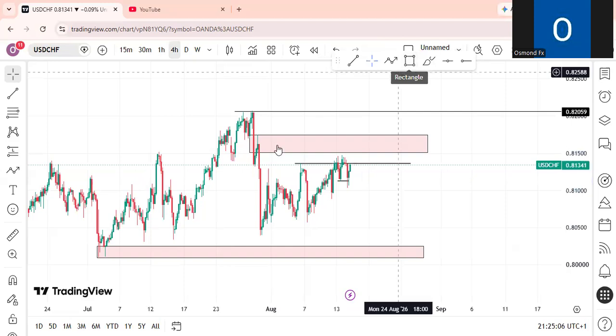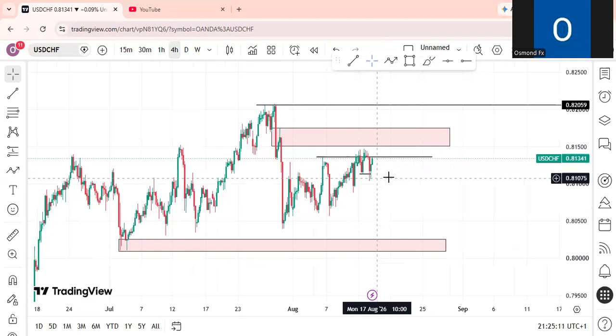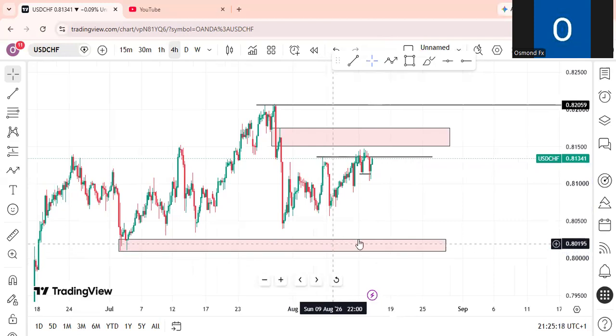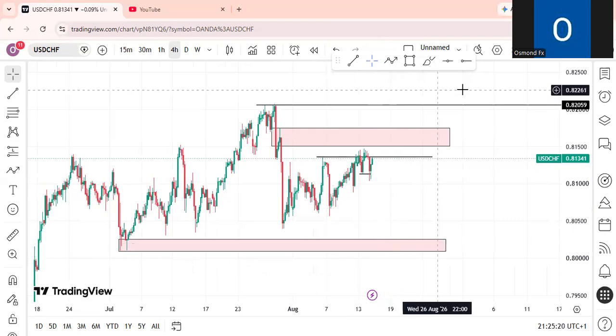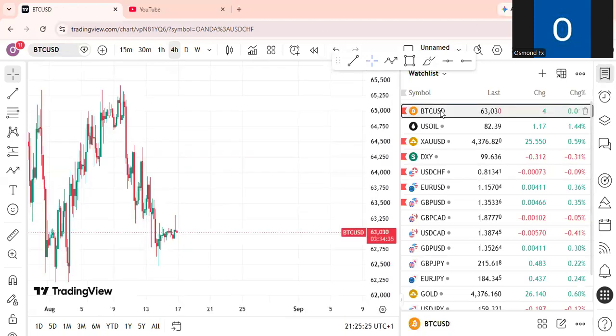Just like this USD CHF now is not giving me a very good setup, which is one of the reasons why I'm going to be avoiding it. Unless anything makes the market drop down to this low, to this demand zone, I'll be much more interested to buy to the upside. So that's it.